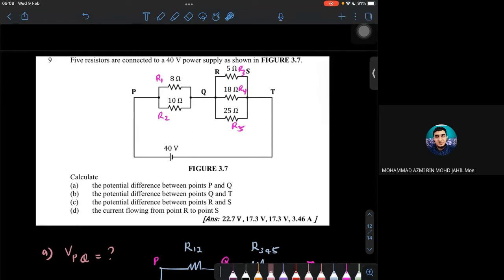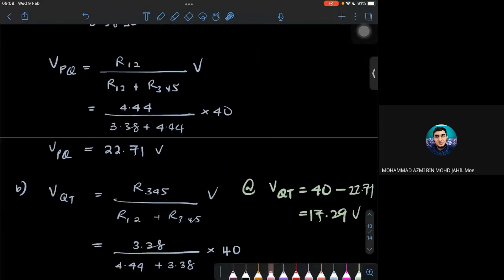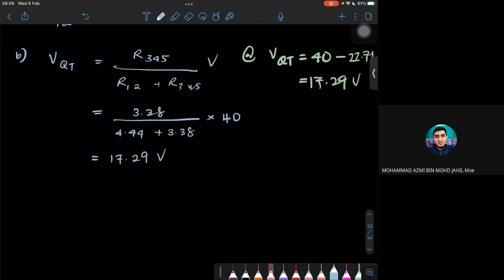So you must remember here, the voltage across the resistors for parallel will be the same. So R3, R4 and R5 will have the same voltage. So meaning that here VRS will be equal to VQT, which is equal to 17.29 volt.